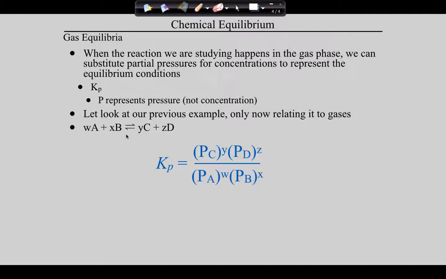So it's still C and D products, it's still A and B on the bottom, reactants. The coefficients are still exponents. It's just now, instead of tracking molarity for solution-based chemistry, we are now tracking pressures for gas-based chemistry. No need to take notes, right? Go ahead.